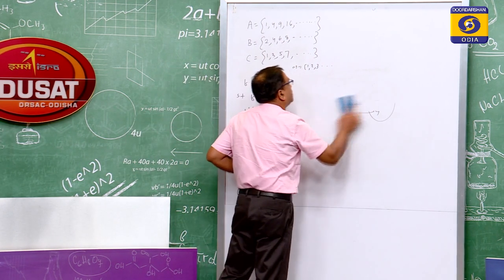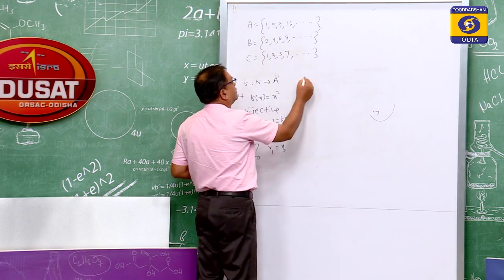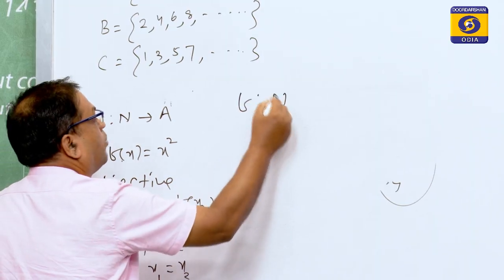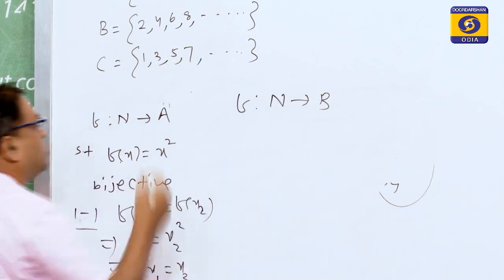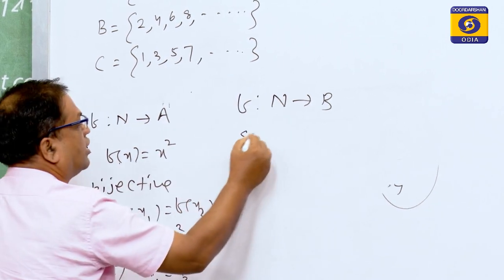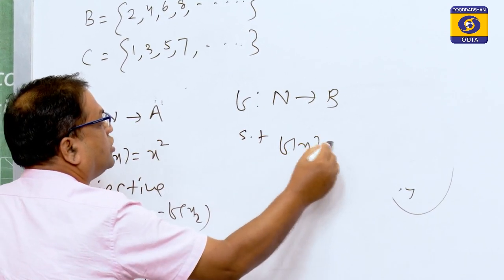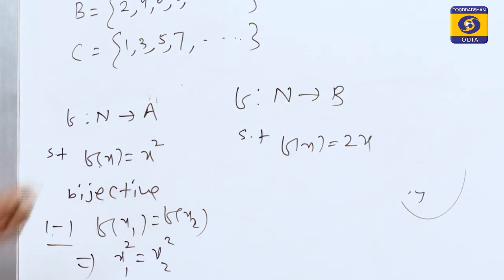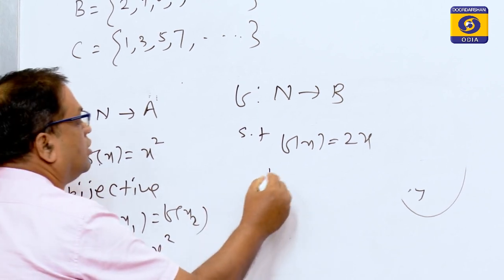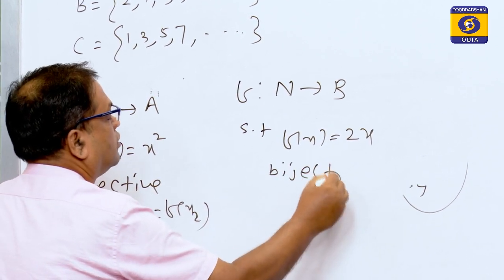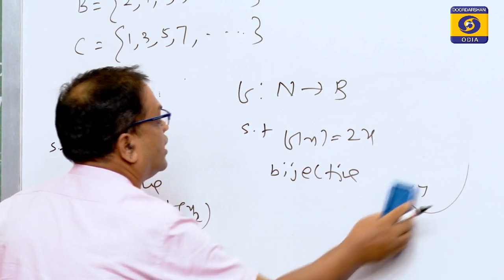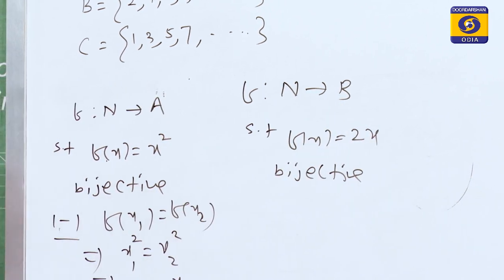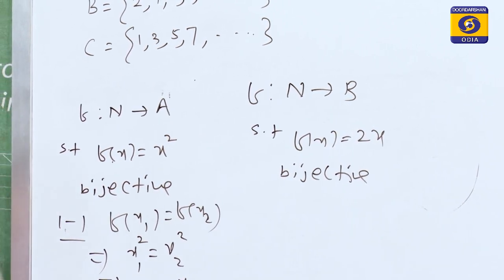Similarly, we can have a mapping from N to B, the set of even natural numbers, such that f(x) = 2x. So, this is also a bijective mapping. So, the sets N and B are equivalent; the natural number set and set B are also equivalent.